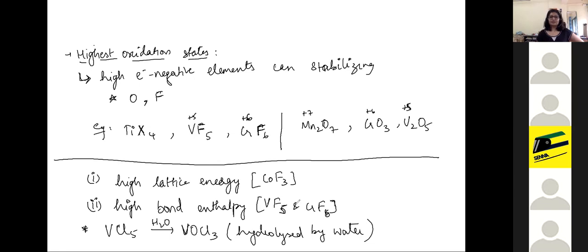If you do it in aqueous solution, water is available right there. Even otherwise, there is water vapor in the atmosphere. So yes, it's hydrolyzed. Have you guys noted this down? Can I clear this? Yes, ma'am.